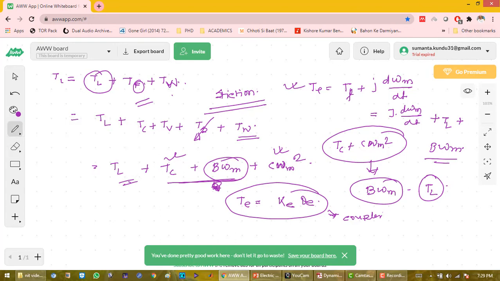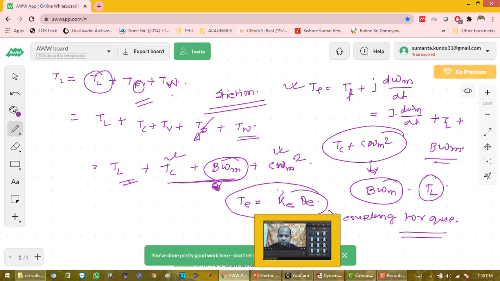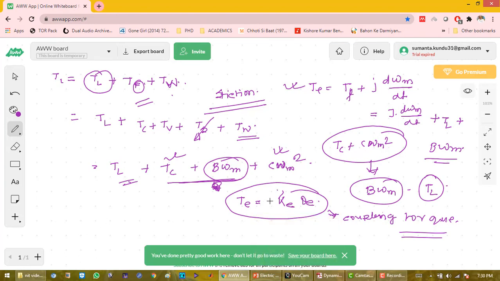This is due to the torsional elasticity of the shaft coupling, but most of the shafts are perfectly stiff, so this is basically 0, so we don't consider this in our equation. Okay, so this is all about the components of torques.